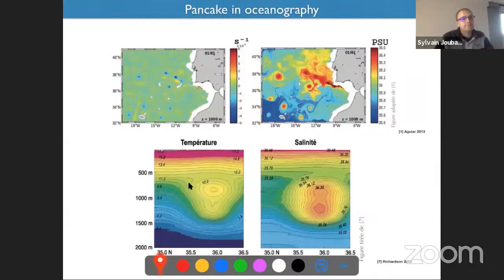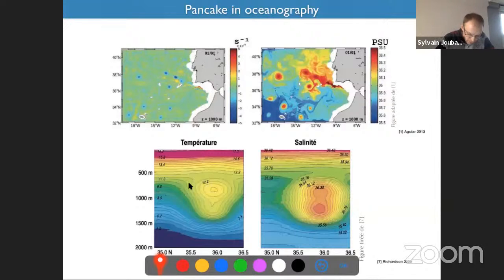I just want to say that these pancake vortices are very visible in oceanography. So here it's in the Atlantic Ocean. This is Spain, this is Africa, and here you have Gibraltar. You can see these patches here, in salinity and in temperature, that are called MEDDIES, from the Mediterranean Sea, going to the Atlantic Ocean, and they evolve and are stable for a long time.